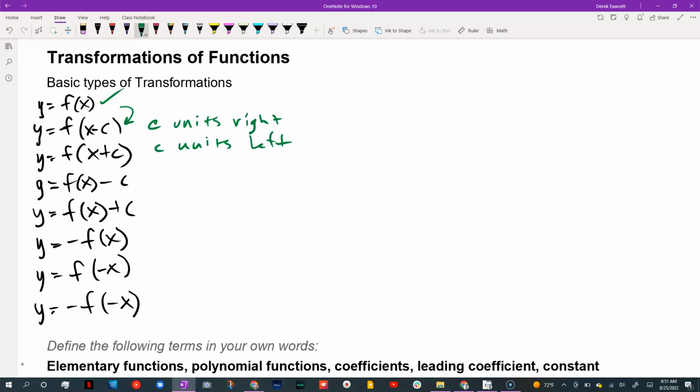Okay, so moving right and left, it's opposite of what you would think, but when the c is being added or subtracted to the function itself, it's up and down. So if it's negative, this would be c units down. And this would be c units up. And then if it's negative on the outside of the function, right, your y is negative, not your x's, not your input, your function itself is negative. That's a reflection about the x-axis.